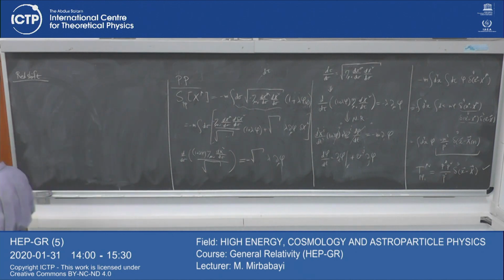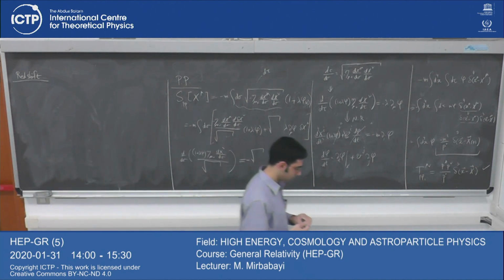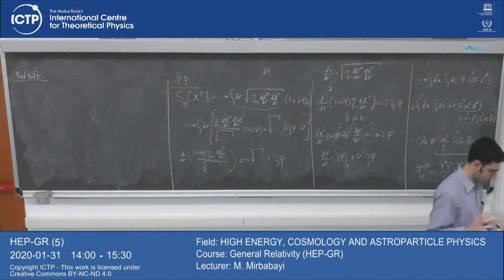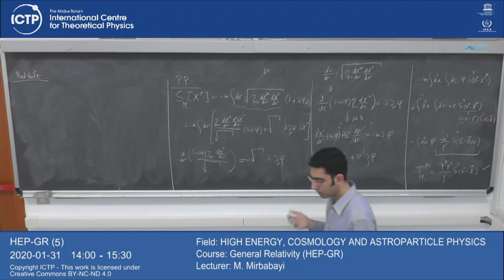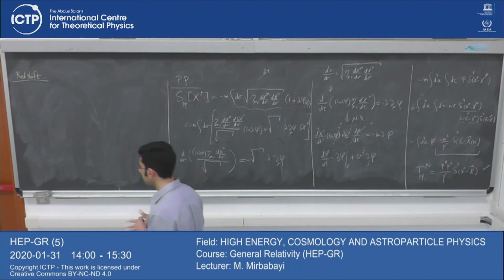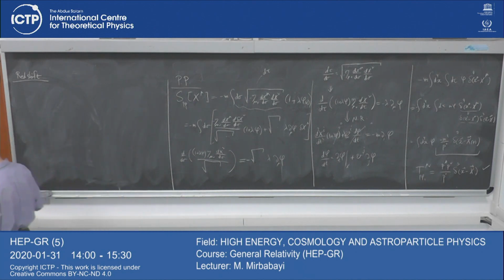So these are relativistic phenomena that we can consider in the theory of gravity. There are a few of them, and we are going to discuss some of them here. The first thing would be the redshift, gravitational redshift.